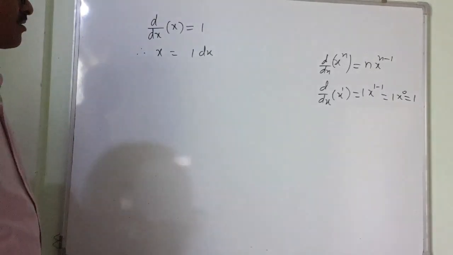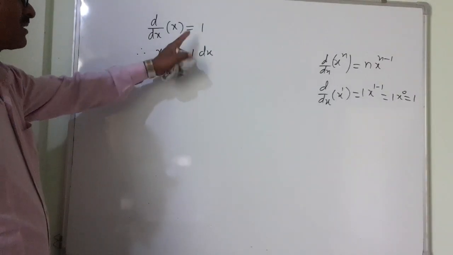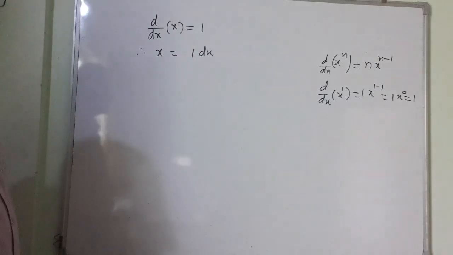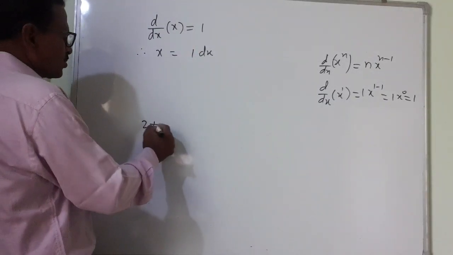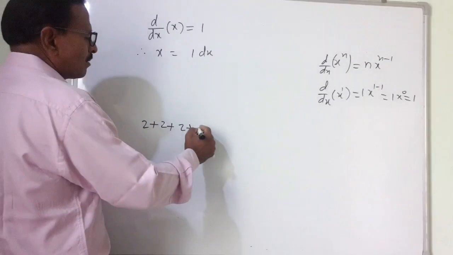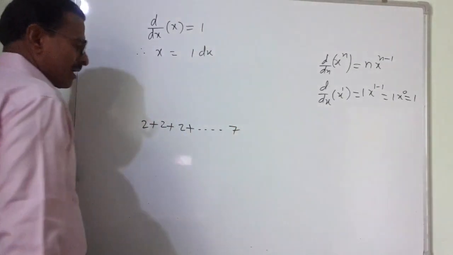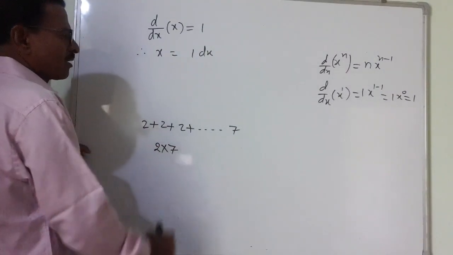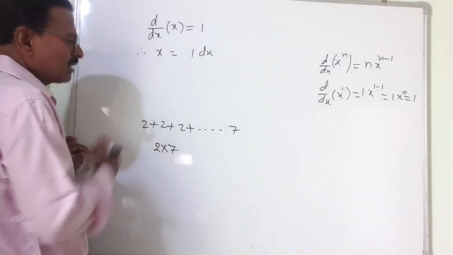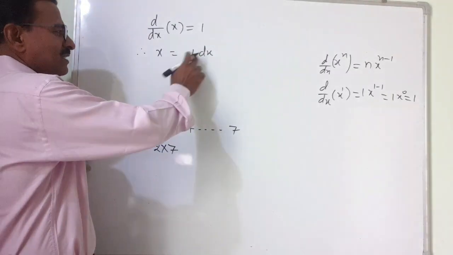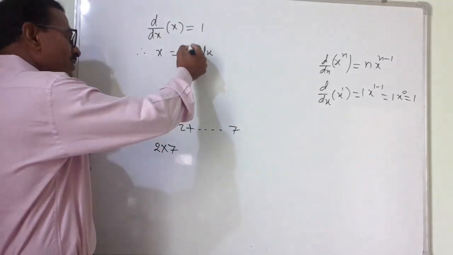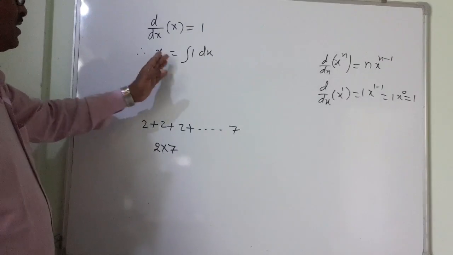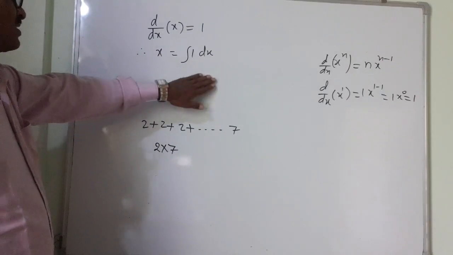These small parts are multiplied by dx. Suppose 2 plus 2 plus 2, like this 7 times I have to add. Then I do 2 into 7. That is also addition and this is also addition. So for that purpose we give this sign. So integration of 1 dx is equal to x.